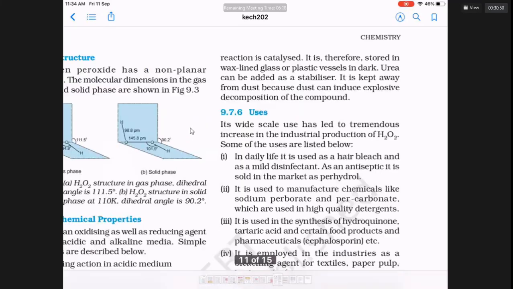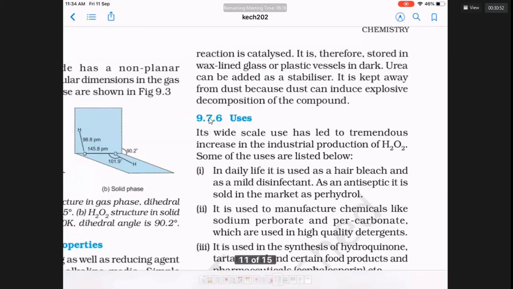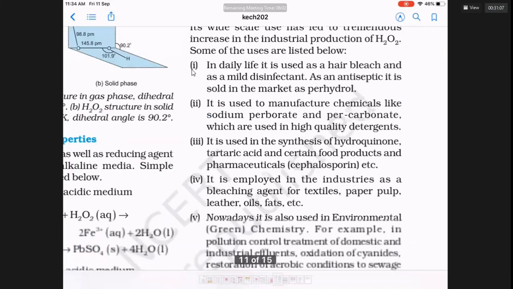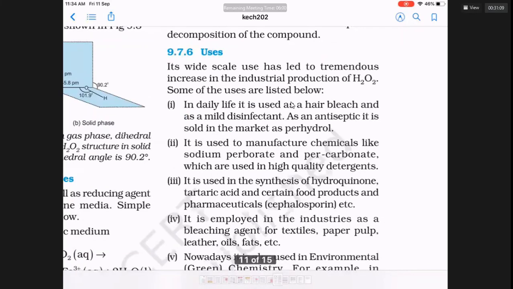They are called stabilizers. If you add sand, bases, metals, metal oxides, H2O2 readily explodes, so they are called the catalysts for decomposition. We have seen the uses of H2O2: antiseptic, disinfectant.